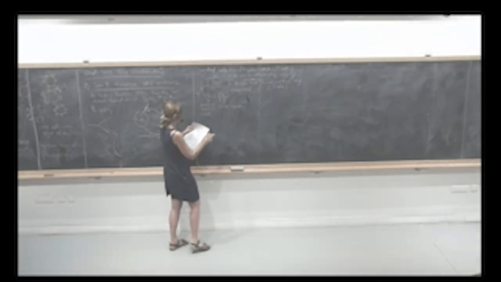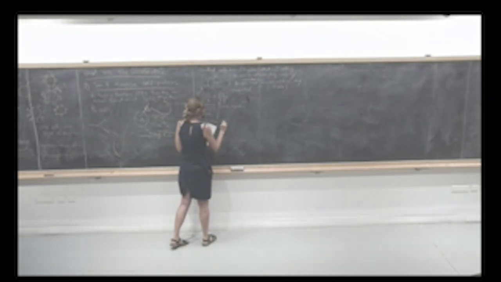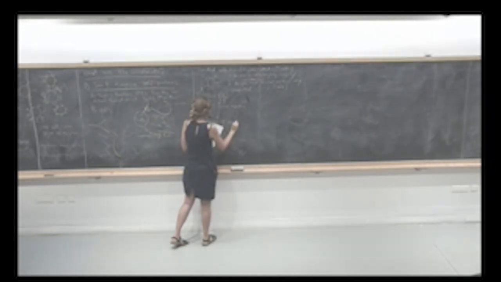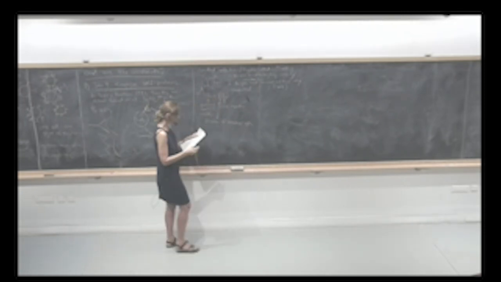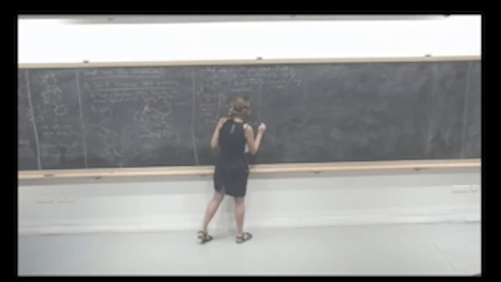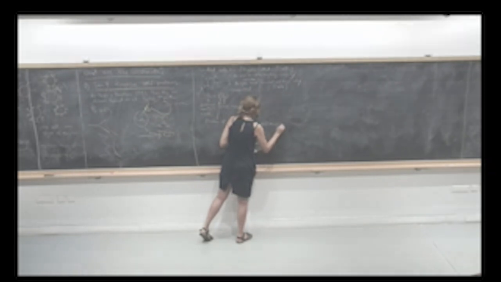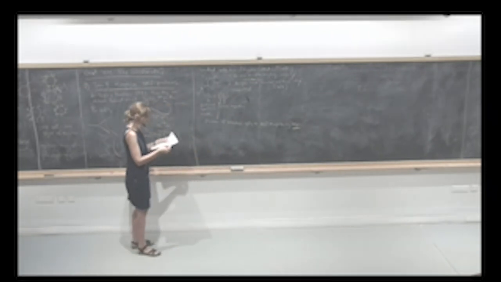So this is the fraction of selected cells. Remember, these are cells that did not recognize any self, because we're in this setup where we're only dealing with self.